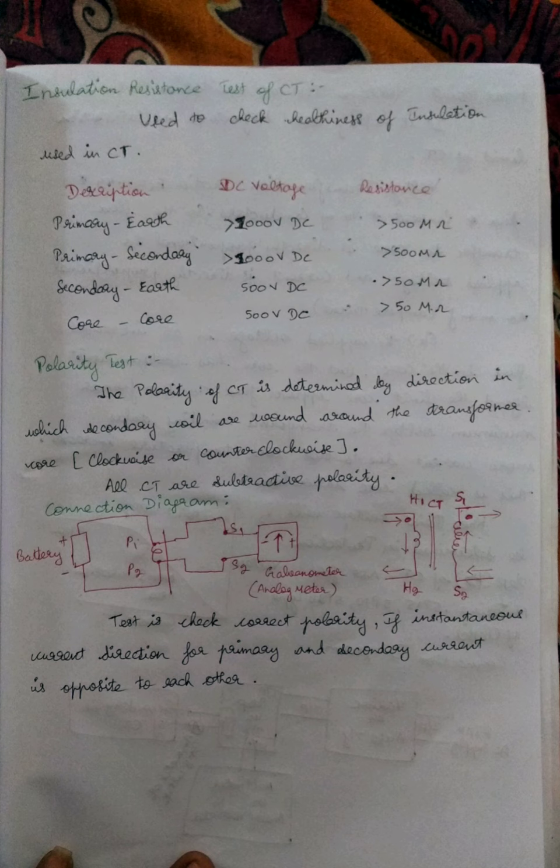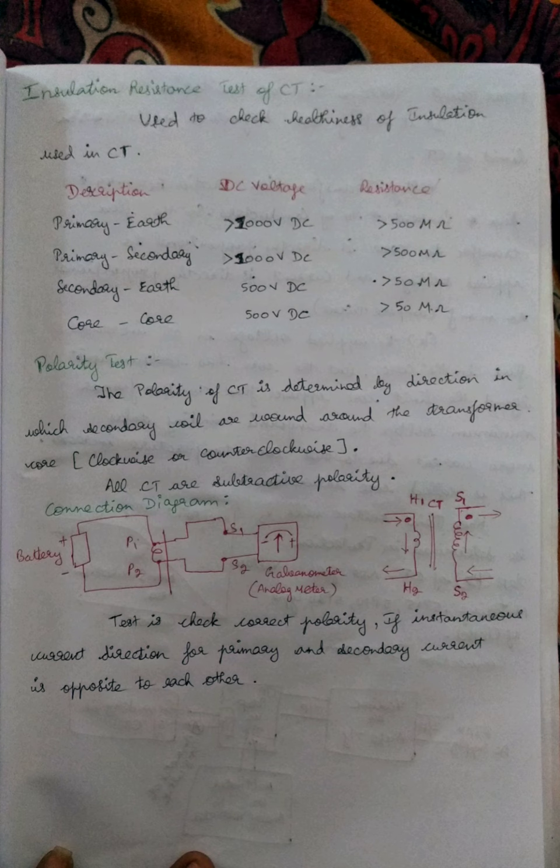How is this checked? With the help of a 9 volt battery. We inject positive on the HV side, which is the P1 side of the CT, the primary side, and negative on the primary side P2 of the CT.